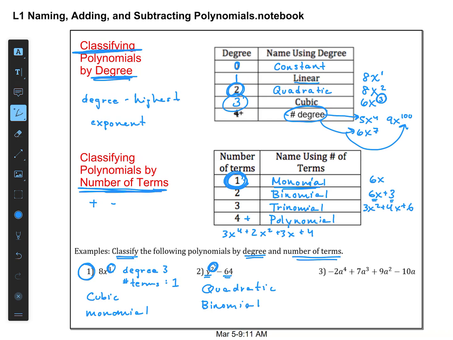Okay, for the next one, our highest degree, our highest exponent, is a 4, which means we say fourth degree. And we have 1, 2, 3, 4 terms, and we said 4 or more is just a polynomial. Okay, so we're naming these things with the first and a last name: fourth degree polynomial.